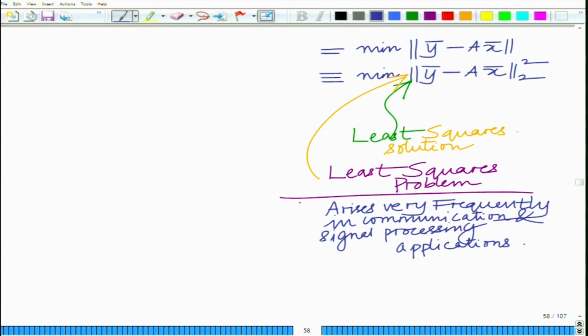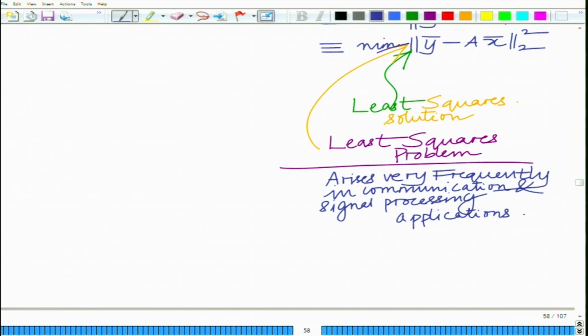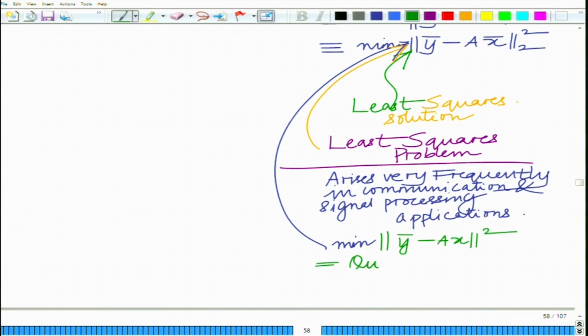In fact, if you look at this, it is nothing but a quadratic objective function. So minimizing the norm of y bar minus A x bar square is termed a quadratic program, or basically a QP.